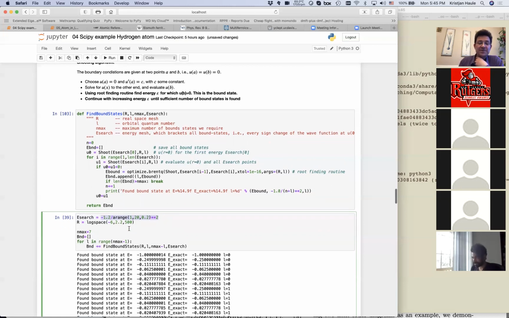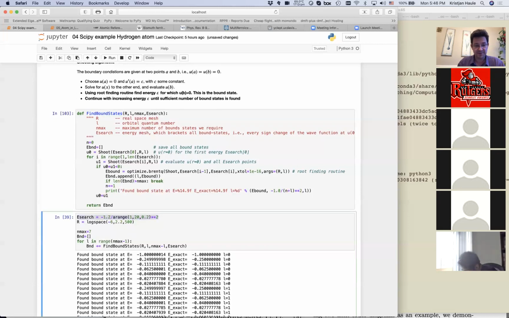So we can use this knowledge that the spectrum has roughly 1 over n squared dependence. So we're going to go from 1 to 20 with a small step of 0.2, and then we're going to square that. And this is going to be our mesh.